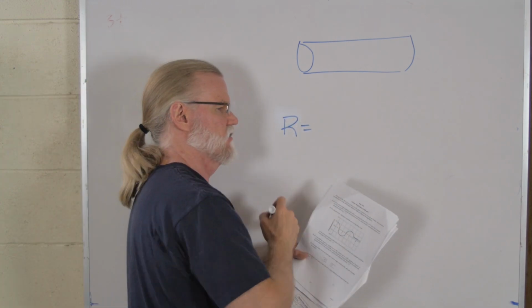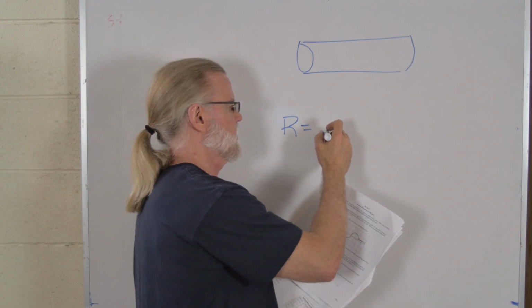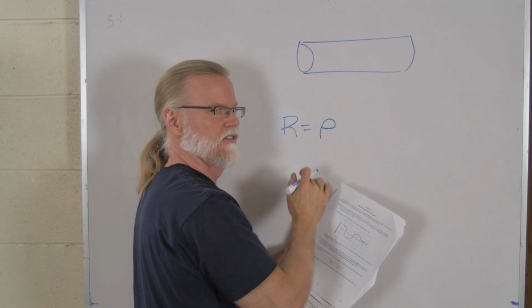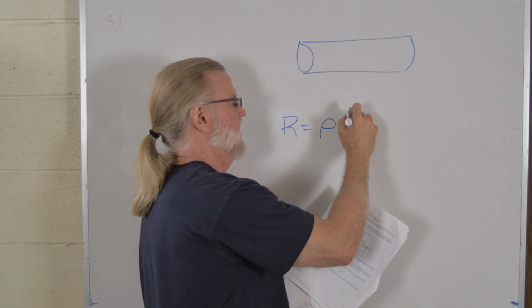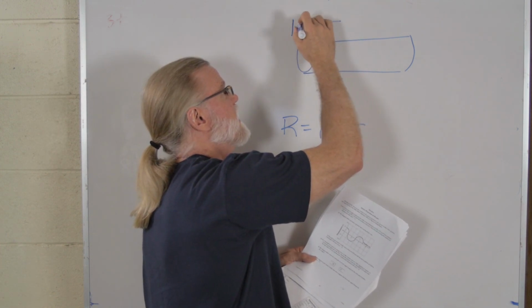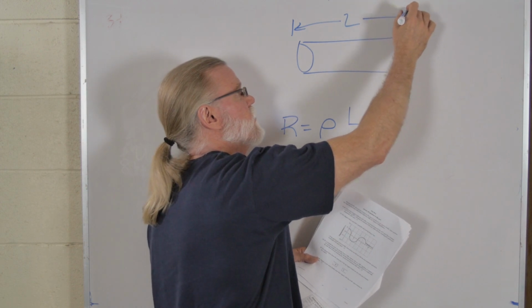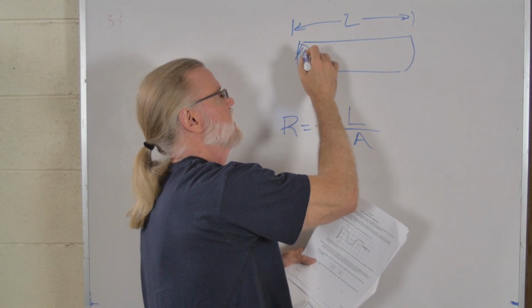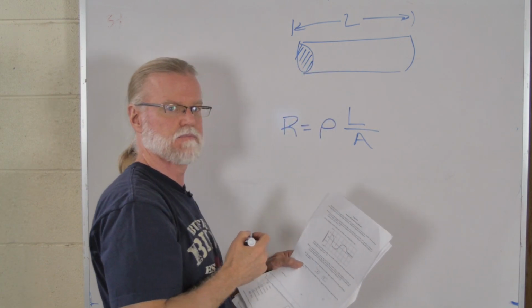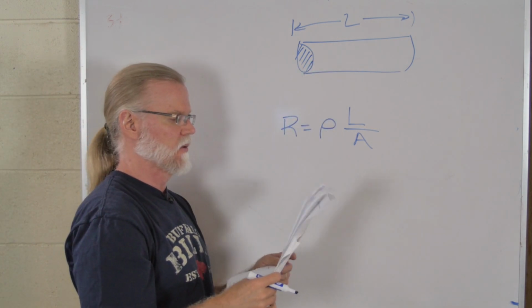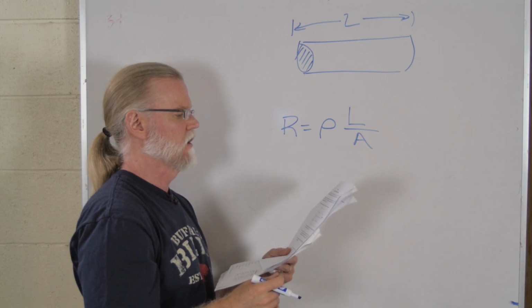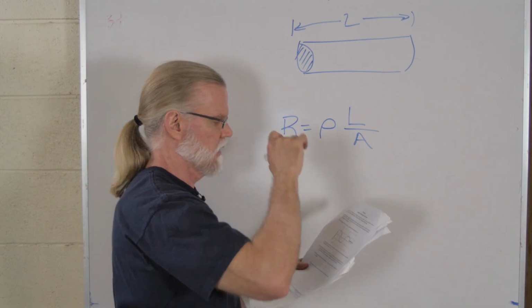There's only one relationship we're going to be using for resistivity. The resistance of a hunk of wire like that is what it's made out of, the resistivity, times the length of the wire, divided by the cross-sectional area. And they're going to be round, so we have cross-sections of circles. Calculate the resistivity of the wire.